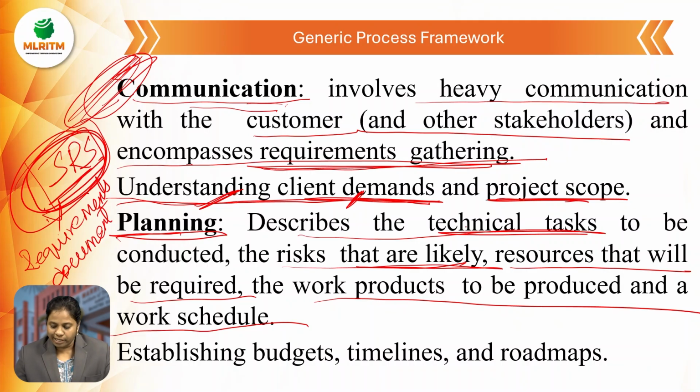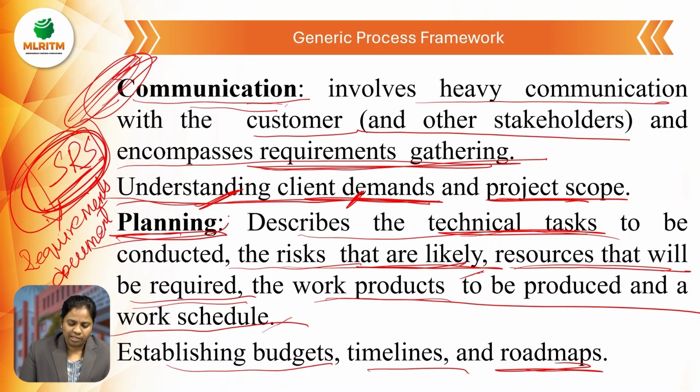We will plan technical tasks and the risks which could happen. If the risks are predictable, we will sort them out in the earlier stages, unlike the unidentified risks, where we cannot do anything. Resources required, work products to be produced, and a work schedule should be planned in an effective way, establishing budgets, timelines, and roadmaps.